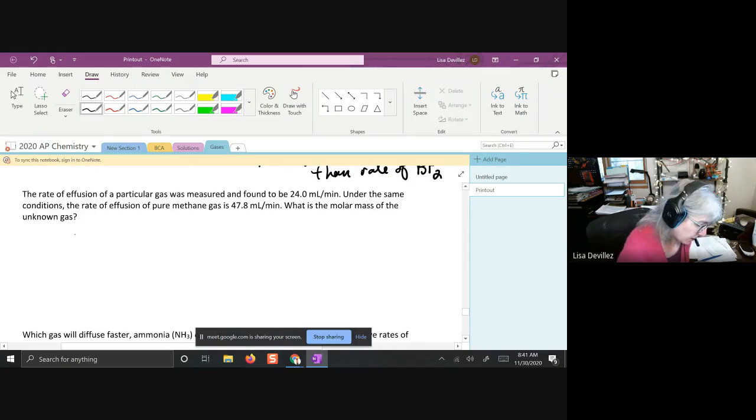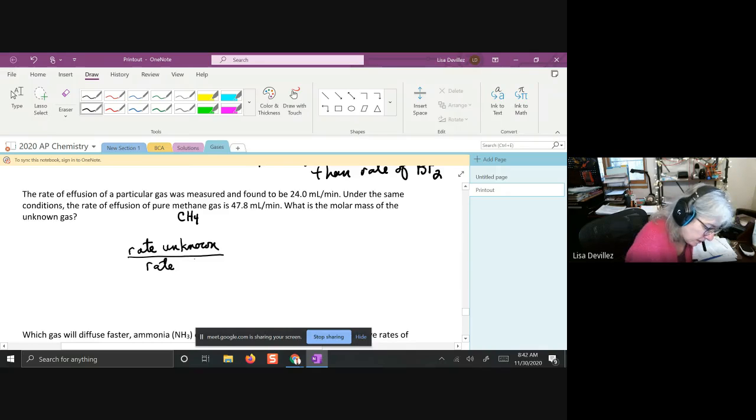Okay, so here we have an unknown gas and then methane. So methane is CH4. Okay, so let's do the rate of our unknown over the rate of methane. It's going to be the square root of the mass of the methane over the square root of the mass of our unknown.